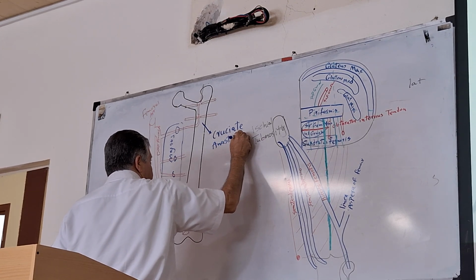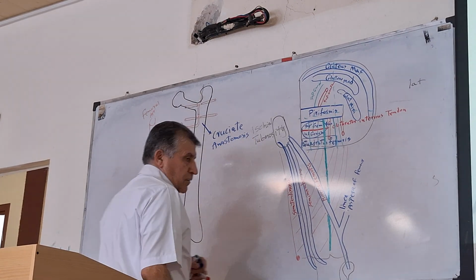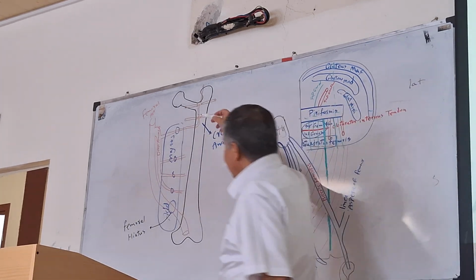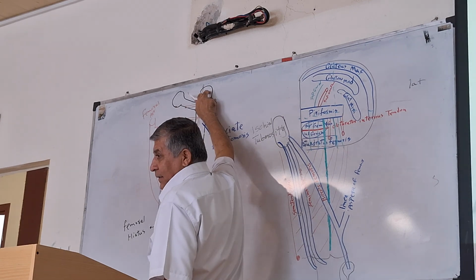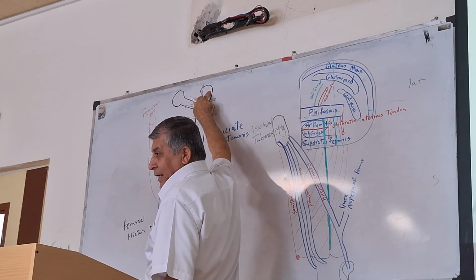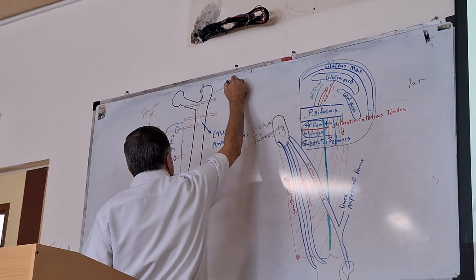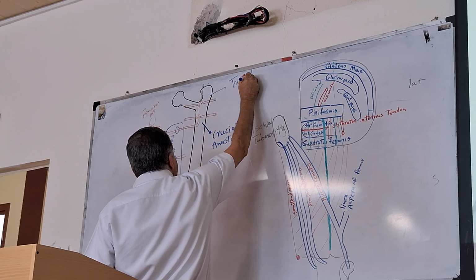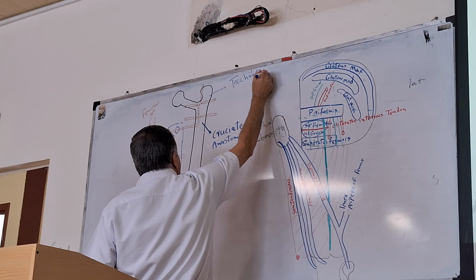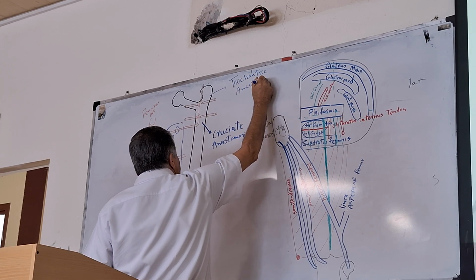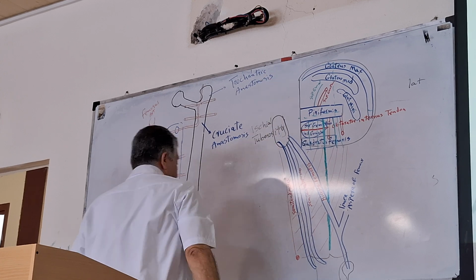The upper anastomosis is at the level of the trochanters, therefore this is called the trochanteric anastomosis.